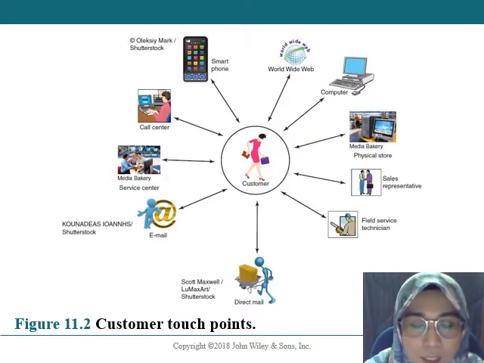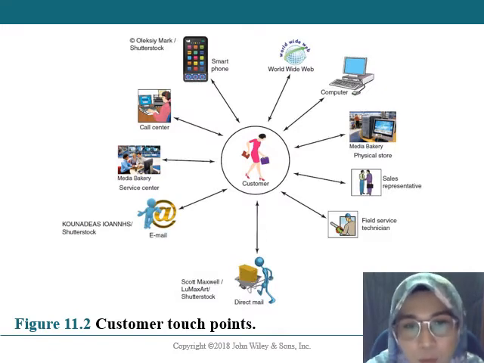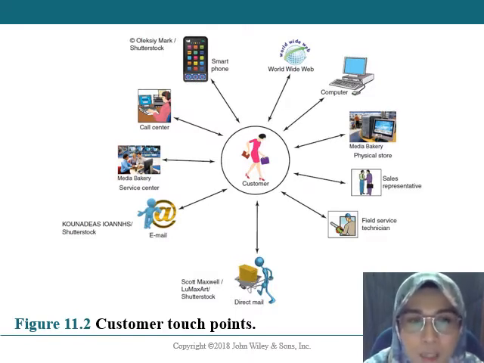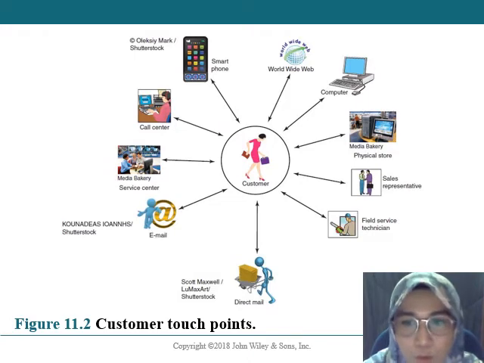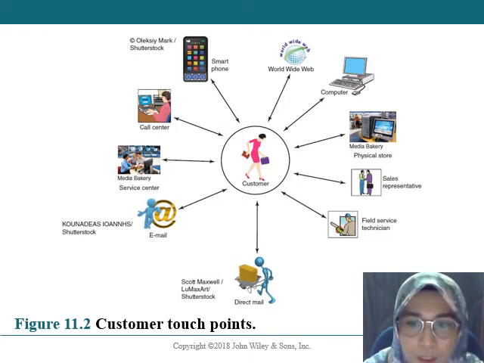Okay, so this one is related to the figure that relates to the customer touch point, where it relates to the traditional and the modern way kita buat business, or how we manage our relationship with the customer. So before this, maybe the customer needs to go to the store untuk tengok physical store kan.